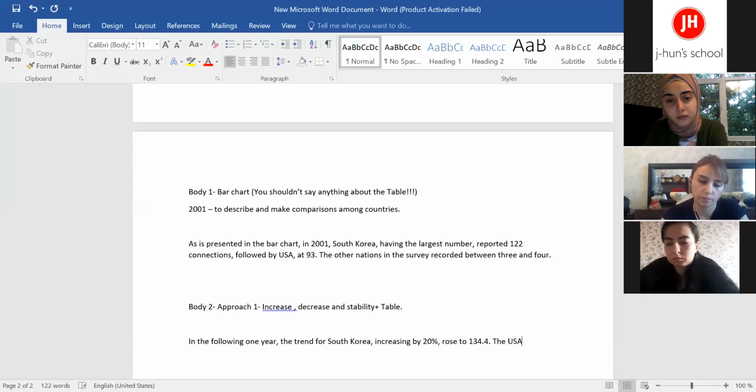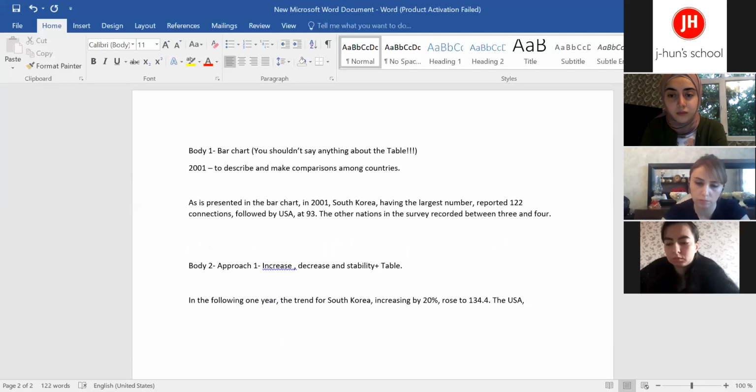The USA, however, not however, so the USA revealing a growth of 170%, climbed to and exceeded the others.